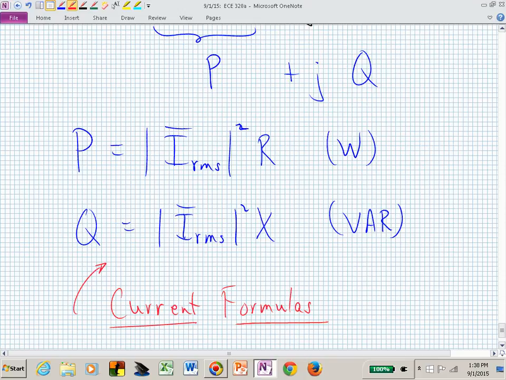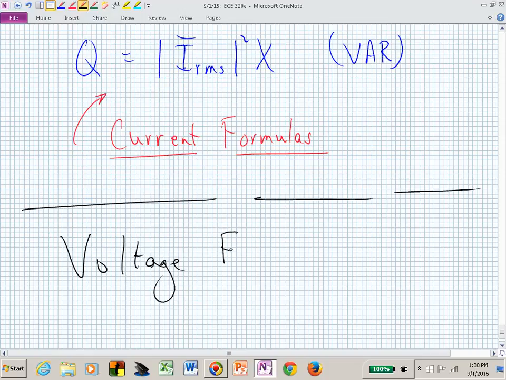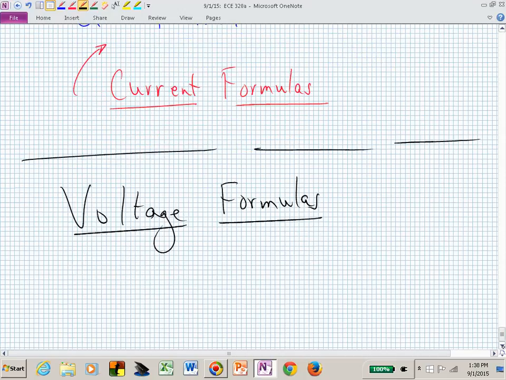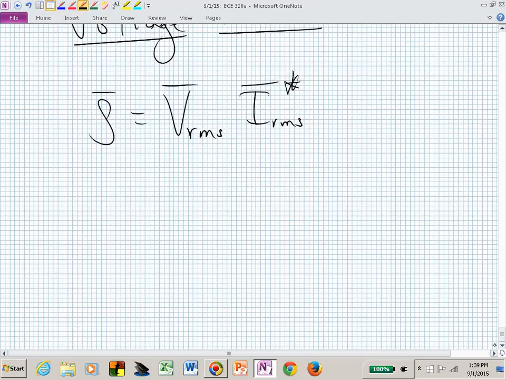If we have these current formulas, it's begging us to find the complement of that, which are these voltage formulas. And now we just have to express Ohm's law a little bit differently, but we're starting with exactly the same expression, V I star. It's just now we want our end result to end up in terms of voltages.